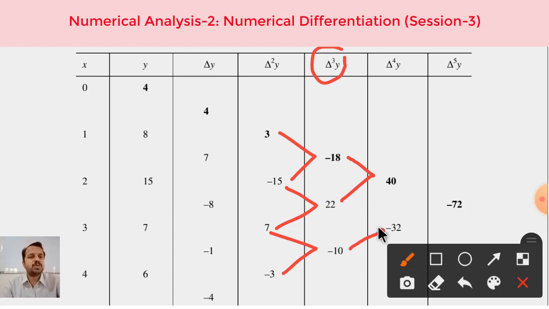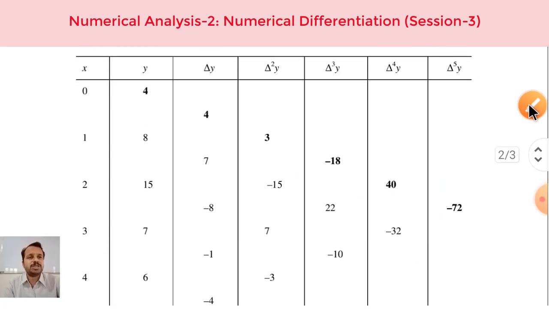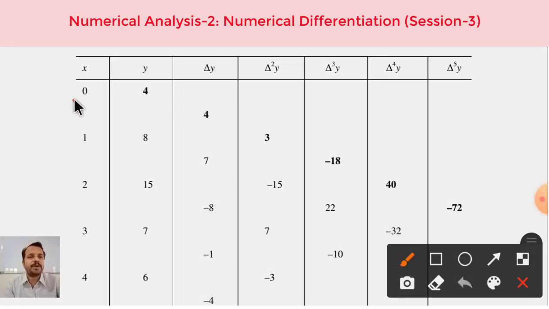So these are the two values we are having, and after getting the fourth order difference, we can proceed to find the next order difference, that is finally the fifth order difference, only a single value, minus 72. So likewise, we can have this type of triangular table, and this table is called the difference table. And using this difference table, what values are important?